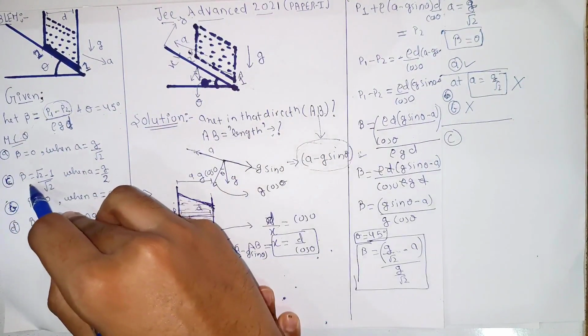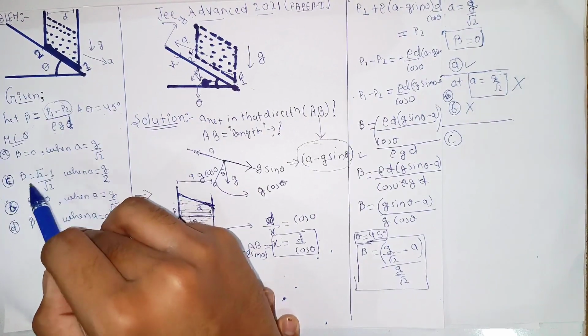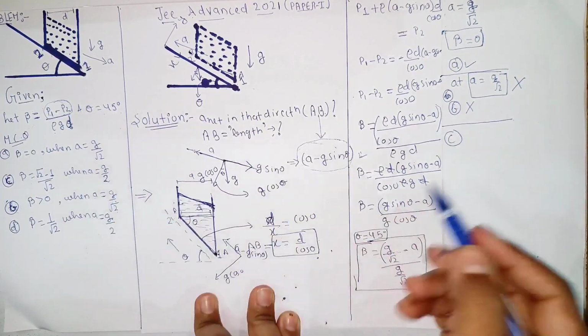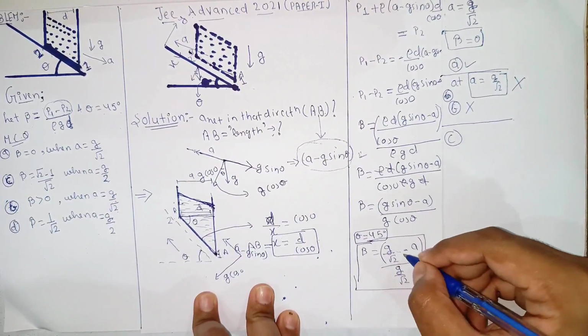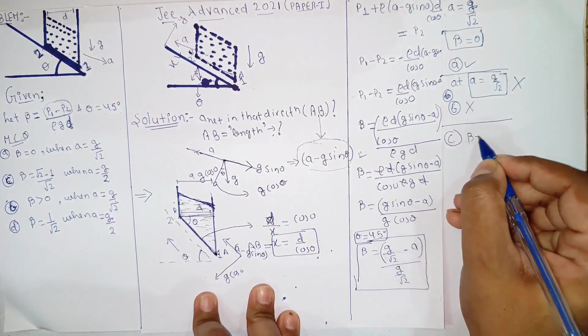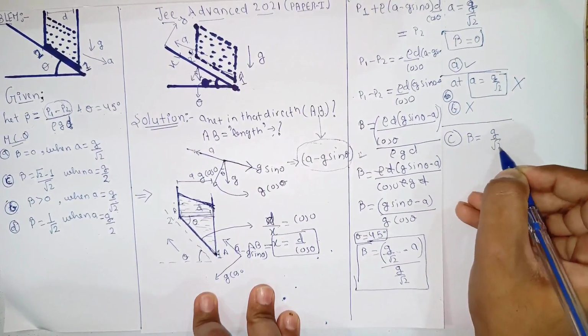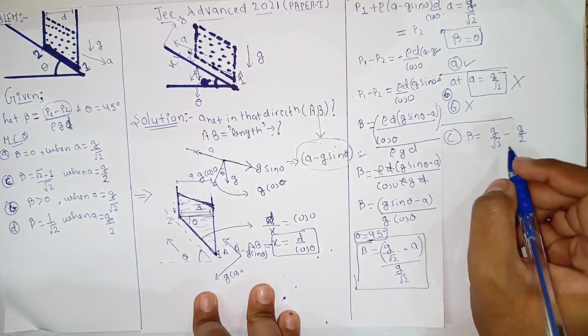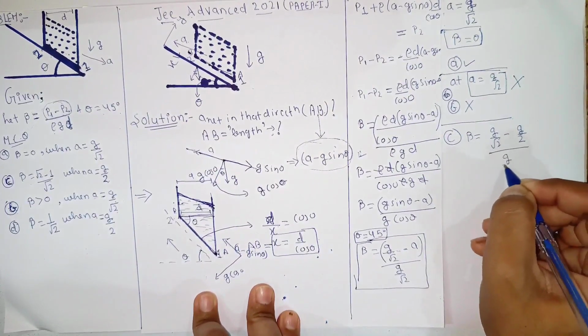So this is our option C. Beta equals root 2 minus 1 divided by root 2 at a equals g by 2. So let us put g by 2 in this expression and evaluate. Beta is g by root 2 minus the acceleration they have given, g by 2, divided by g by root 2.